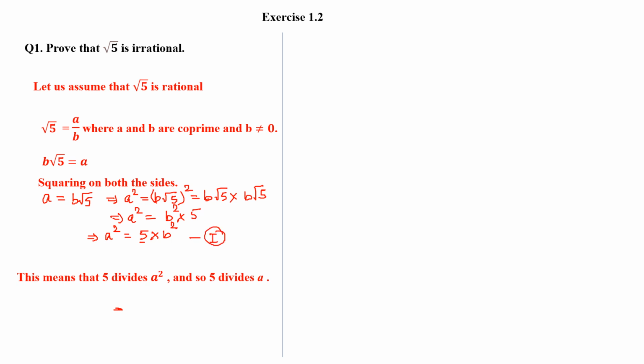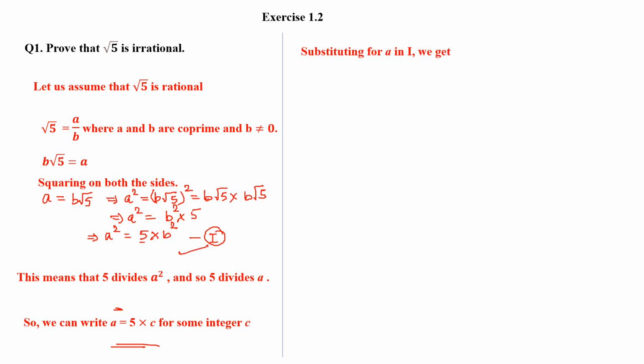So if 5 divides a, it means my a is a multiple of 5. Then only 5 will divide a, right? So from here, I can write that a equal to 5 into c. c can take any value. It can be an integer. Okay. So now I am going to substitute this value of a equal to 5 into c in the first equation.